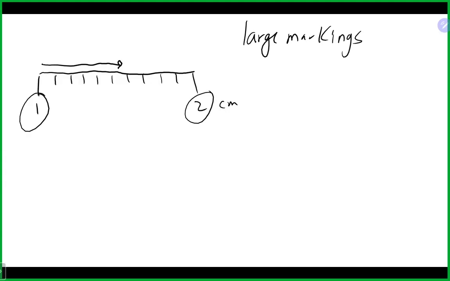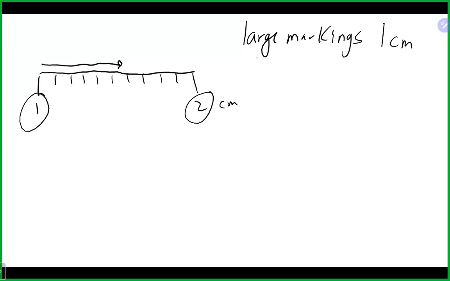In this particular case, I have a large marking at 1 and the next one is at 2. That means the difference between them is how many centimeters? Yeah, the difference between 2 and 1 is 1 centimeter, right? So the large markings on this ruler represent 1 centimeter. There's a 1 centimeter difference between them.